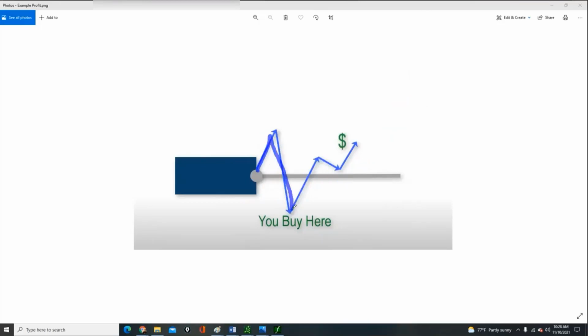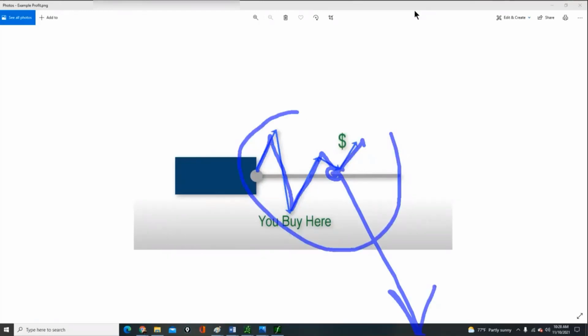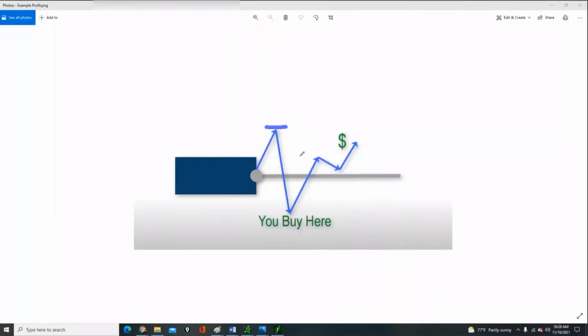Break up, break down, break up, pull back. It's either going to shatter this and go down, or it's going to bounce. If you can hold out for this type of pattern, this spot is the money spot. If it goes down, it is probably going to tank. It may not. It may go down and then come back up and form another expansion leg.